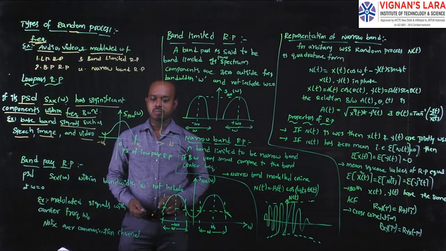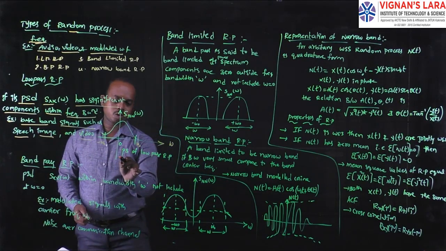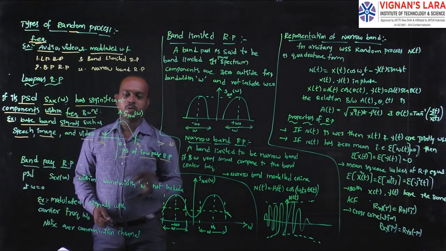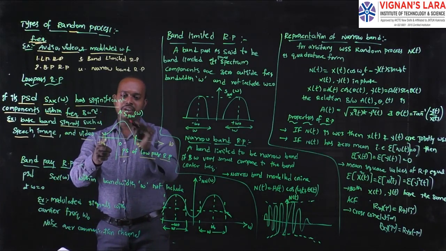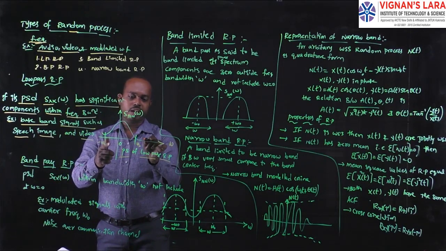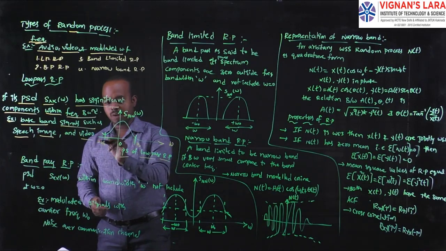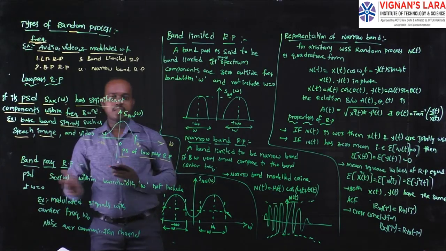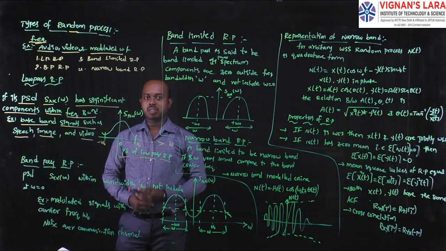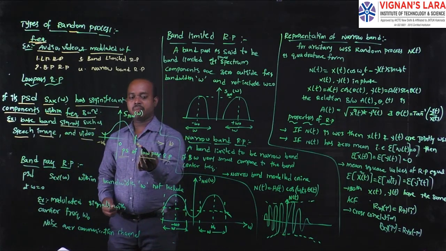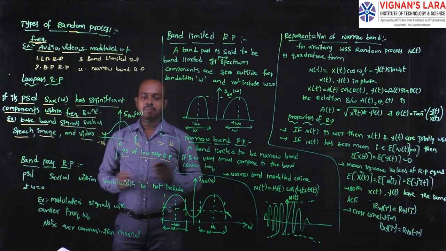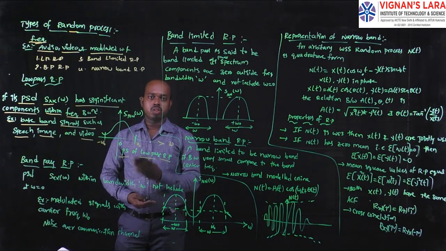This represents the power spectrum of the low pass random process. The spectrum is cut off at the higher value in the positive side and the lower value in the negative side. To consider the bandwidth of the spectrum, we choose the higher limit minus the lower limit, which represents the total limit of the spectrum.